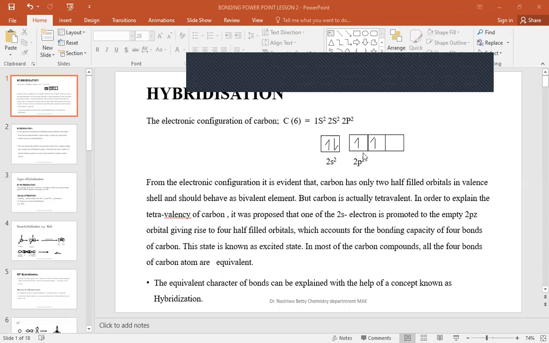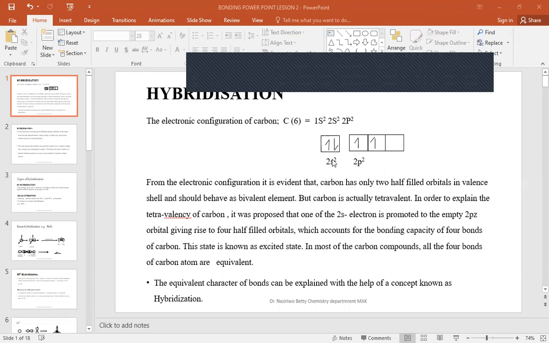So when we look at the configuration of this carbon, it means that carbon is a bivalent element. But in actual sense, carbon is a tetravalent element. Why? Electron in the 2s orbital is promoted.